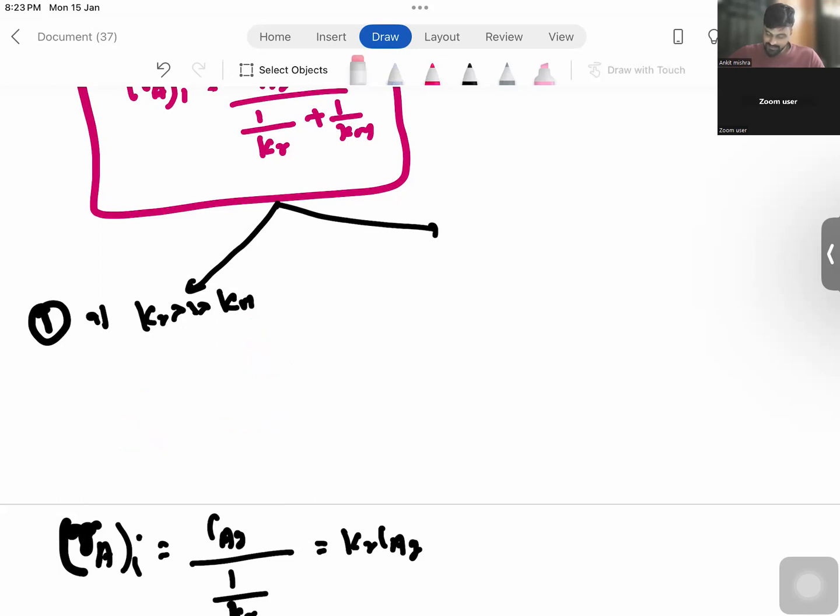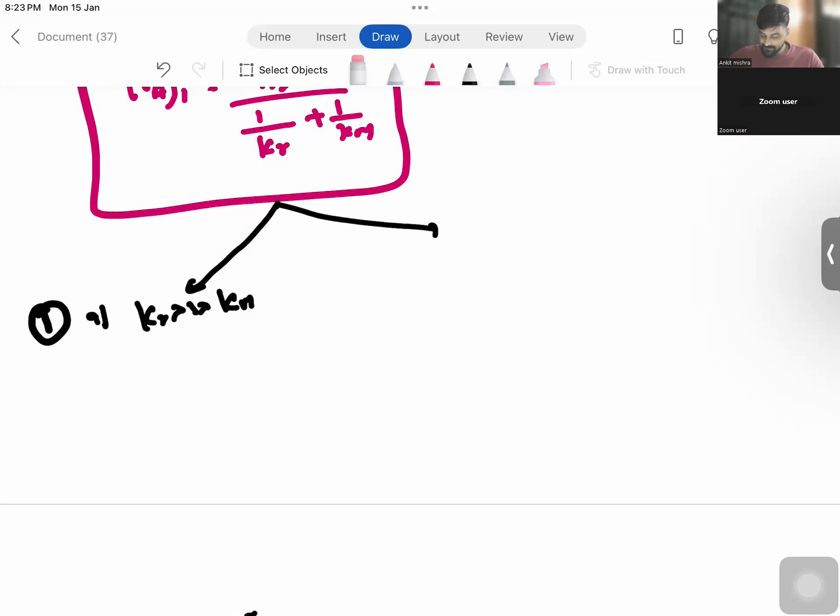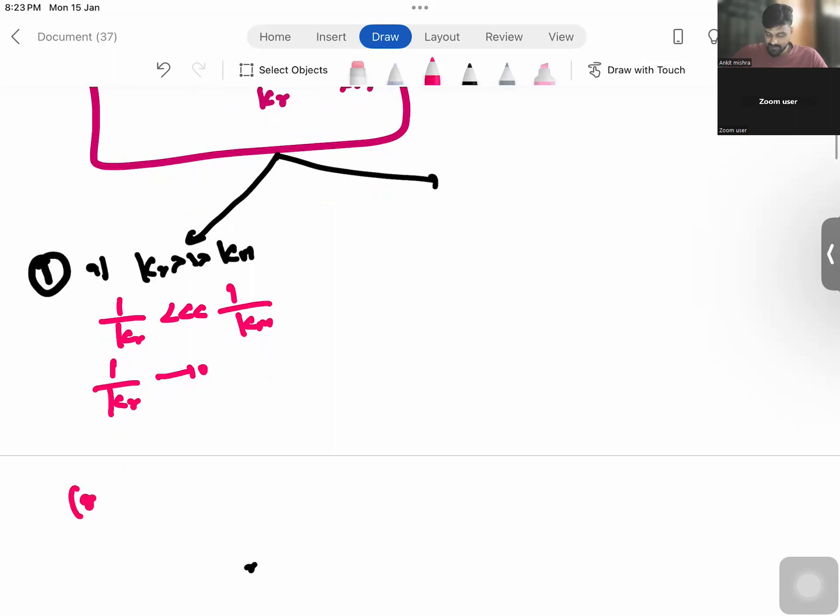Here in that condition, what is happening? Just try to understand. I am telling you, Kr is very much greater than Km. So 1 by Kr will be very much less than 1 upon Km, right? So 1 by Kr will tend to 0. I'll be neglecting that thing because it is a comparative matter. So the rate of reaction RAI will be equal to only Km into CAG.